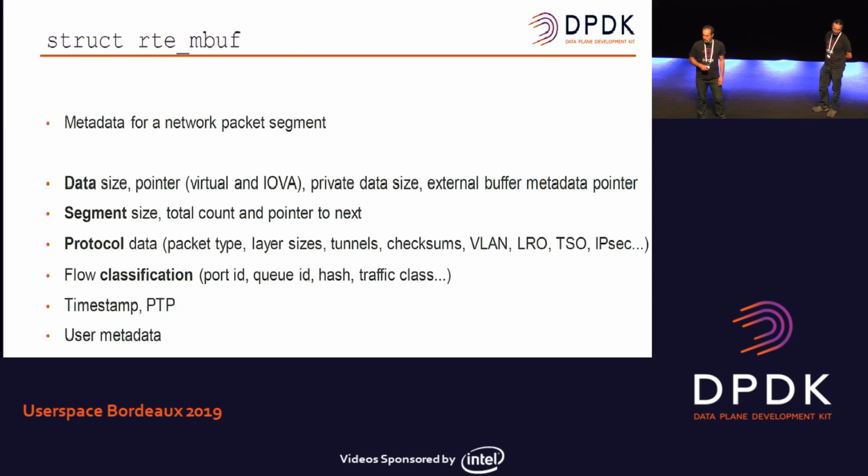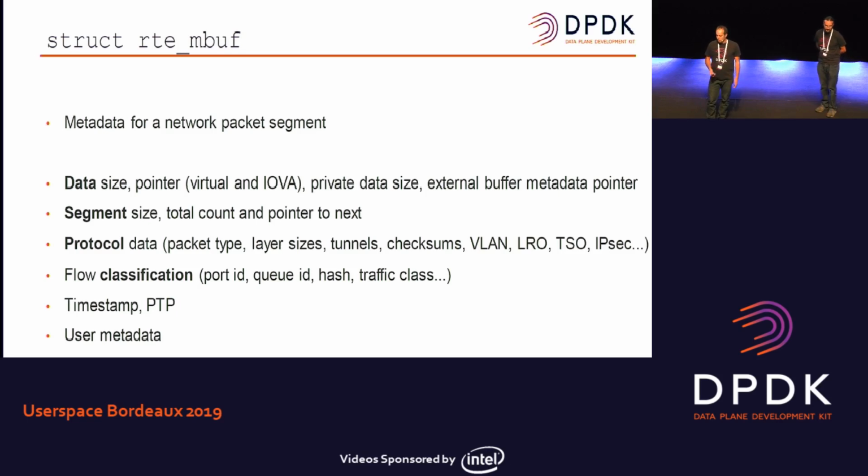So let's see exactly what mbuf is. The definition of mbuf could be: it is the structure for metadata of a network packet, and more precisely of a packet segment. So you have one mbuf per segment. What is there?